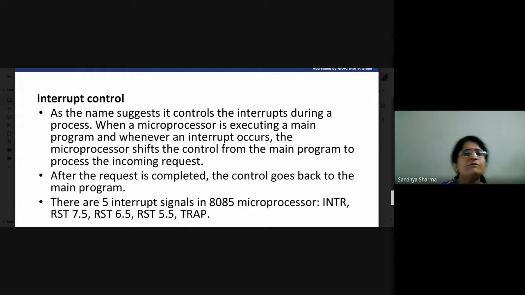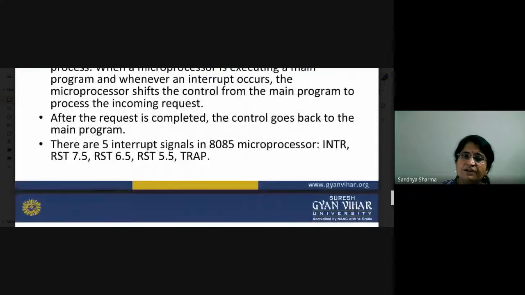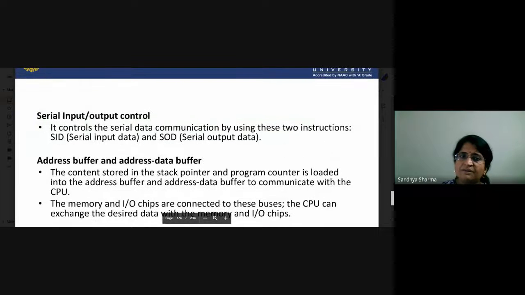Basically, there are 5 interrupt signals in the 8085 microprocessor: INTR, RST 7.5, RST 6.5, RST 5.5, and TRAP. According to these, our microprocessor executes. Then there are serial input and output control signals, which control serial data communication using these two signals.